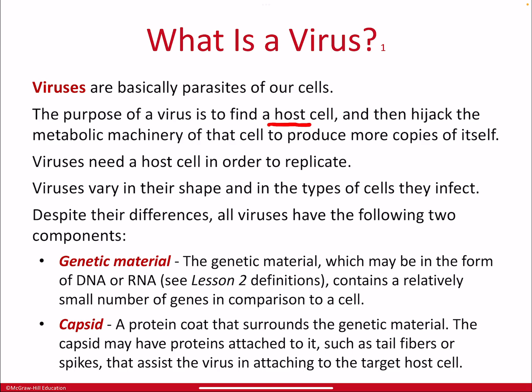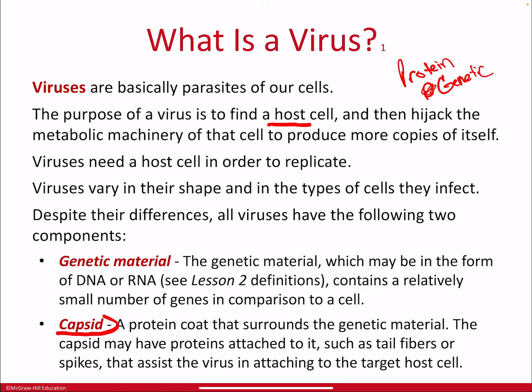And once it finds that host cell, it can then kind of hijack the machinery of that cell to produce more copies of itself. Our cells have the machinery capable of producing protein, which is one of the things that the virus needs, and it also needs to make some genetic material.